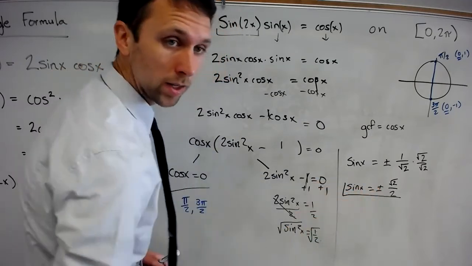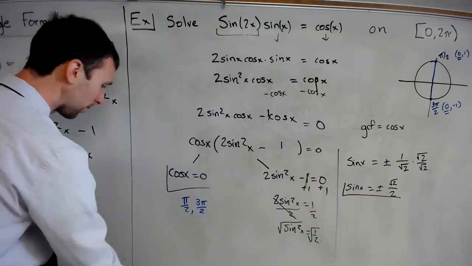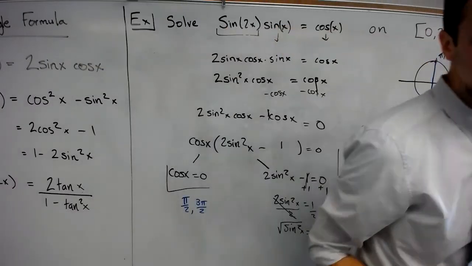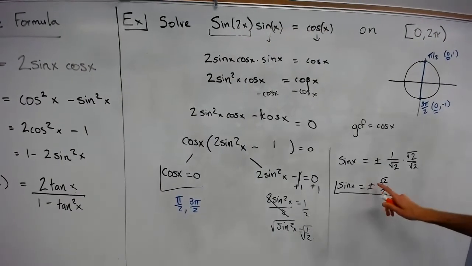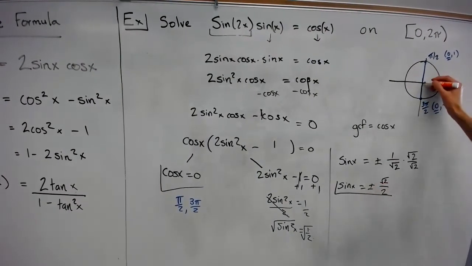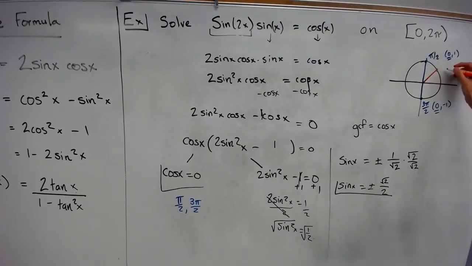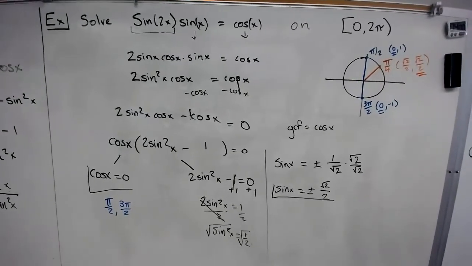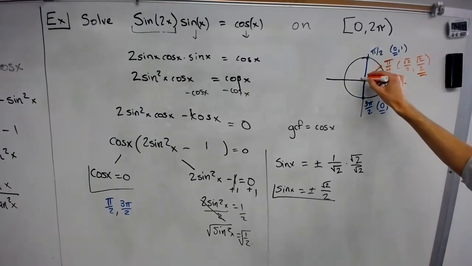The root 2 over 2 angles, those are my pi over 4 angles, and it's plus or minus. So for this equation, I'm actually going to get 4 solutions between 0 and 2 pi. I'll just write the coordinates for the first one. It's root 2 over 2, comma, root 2 over 2. And you can see that's pi over 4. You can see that the y coordinate is root 2 over 2. And that's going to be the case for all of these.